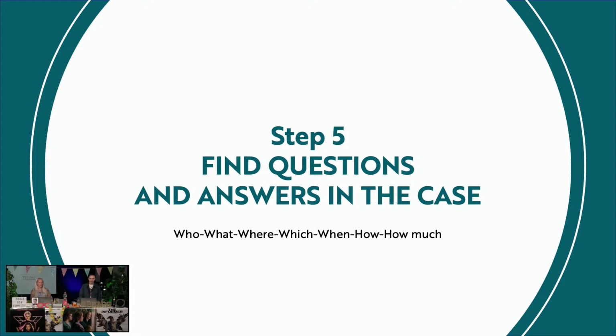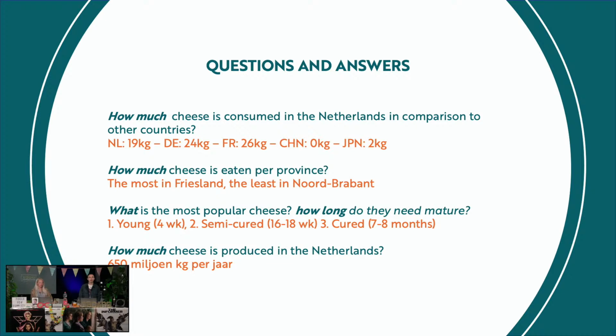Let's take a look. What kind of questions could we get out of our case? Starting with who, what, where, which, when, how, and how much. These could be questions that we take and answer. So how much cheese is consumed in the Netherlands in comparison to other countries? We wrote that down.